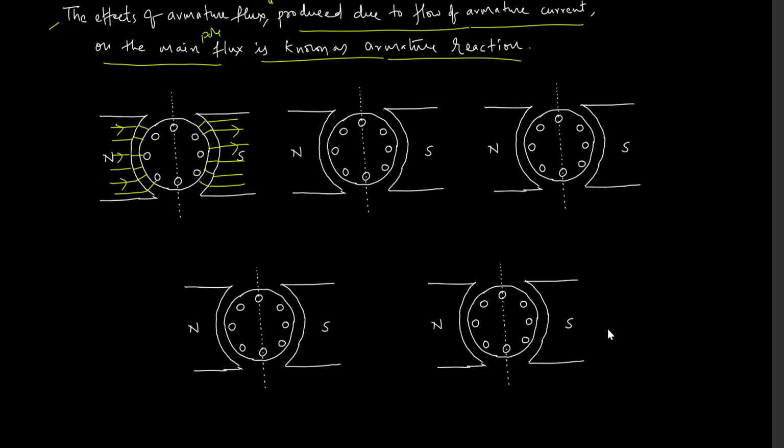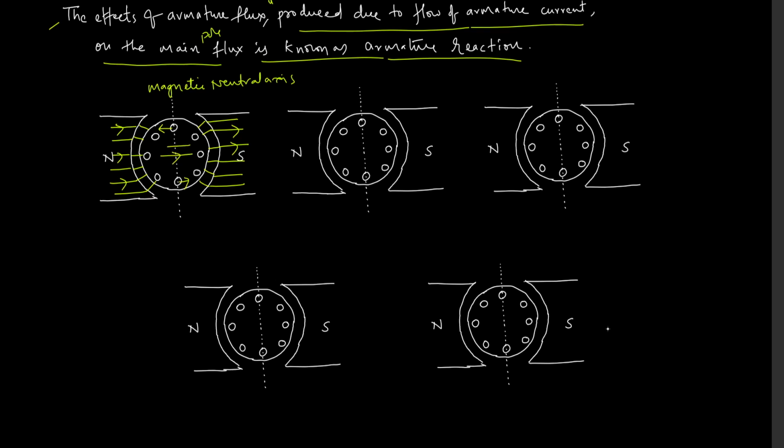Now this is the magnetic neutral axis. What do we mean by the magnetic neutral axis? The magnetic neutral axis is the position at which the movement of the conductors will be parallel to the flux lines.